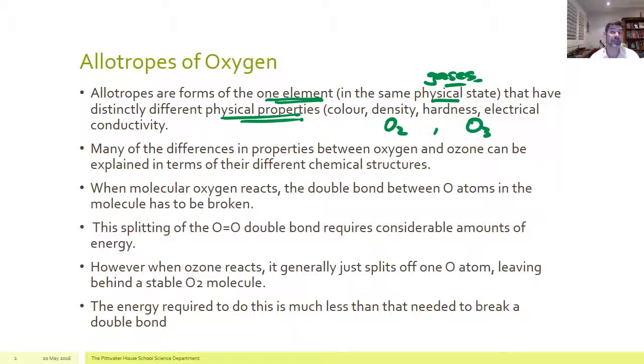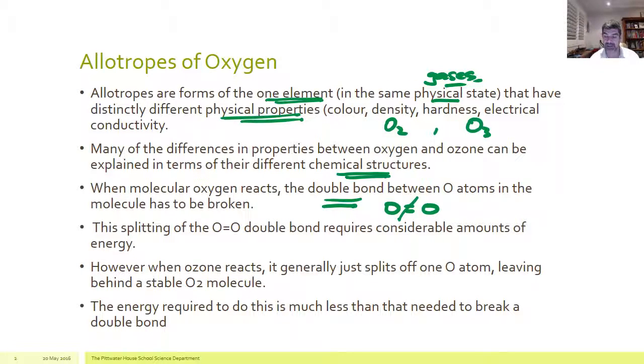Most of the differences that we see in the properties between oxygen and ozone are a result of the differences in their chemical structure. Now we know that when oxygen reacts, we have to break the double bond between the two oxygen atoms. So a double covalent bond exists between two oxygen atoms, and we have to break that bond if we're going to have the oxygen be available to combine.